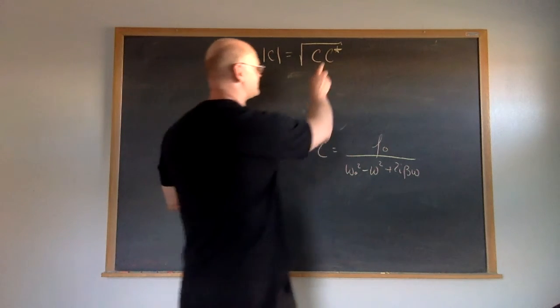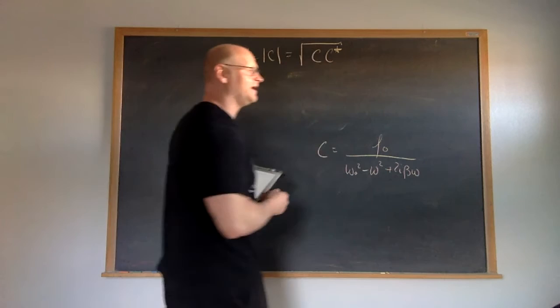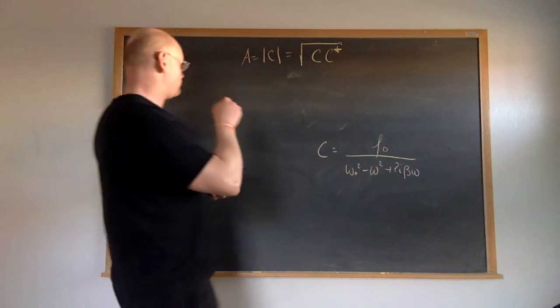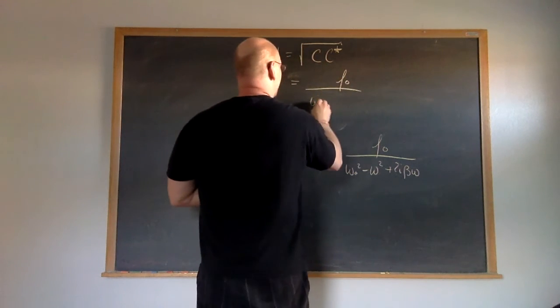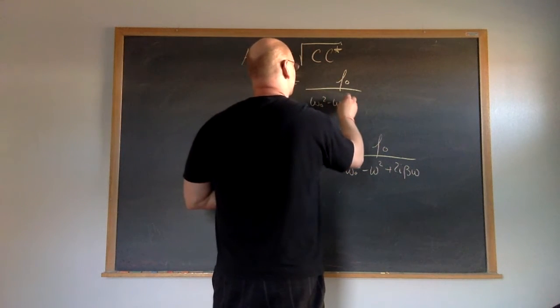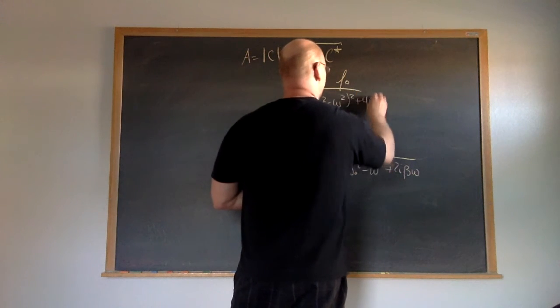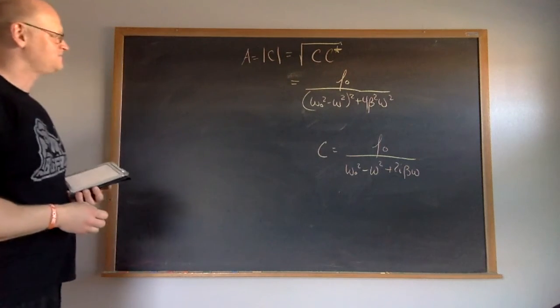Again, when I take the star, all I'm going to do is change this part here to a negative i instead of a positive i. So if I multiply this out, take a square root, this thing ends up being F0 divided by the square root of omega 0 squared minus omega squared, all squared, plus 4 times beta squared times omega squared. So that's this guy.